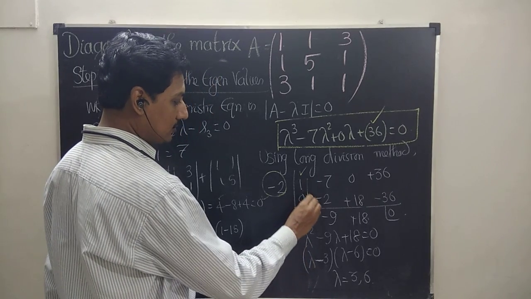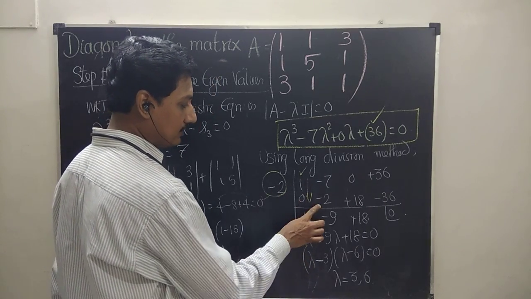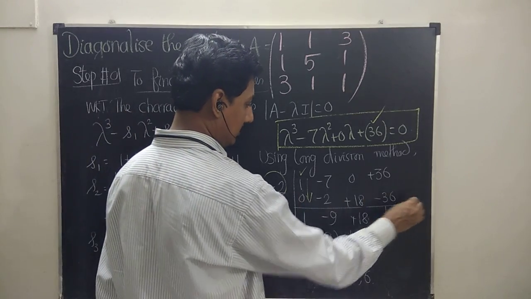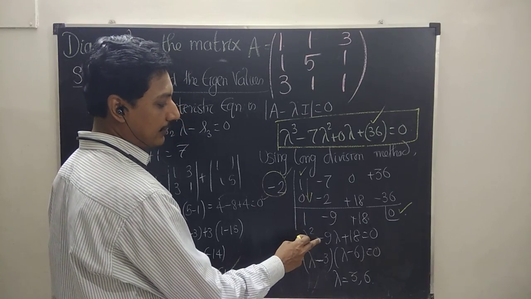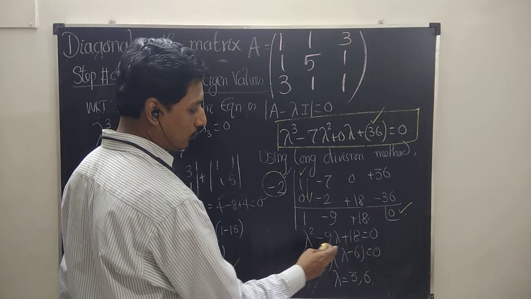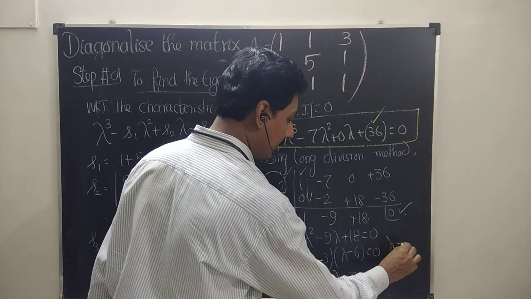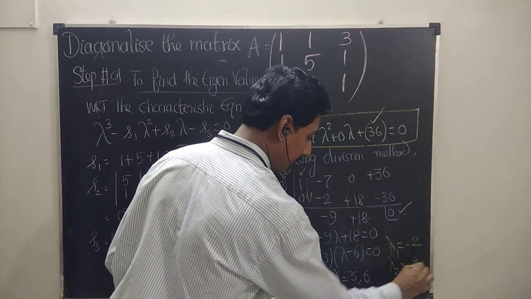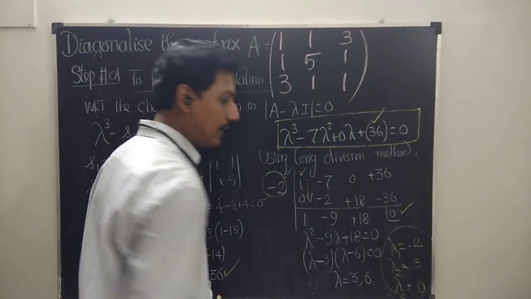Taking minus 2 and adding vertically: 1, minus 2, minus 9, into minus 2 plus 18, so it is minus 36, 0. So this is the first eigenvalue, and the reduced equation is lambda squared minus 9 lambda plus 18 equal to 0. The sum of the values is 9, the product is 18, so 3 and 6. So finally I found that lambda 1 is minus 2, lambda 2 is 3 and lambda 3 is equal to 6. So these are my eigenvalues.